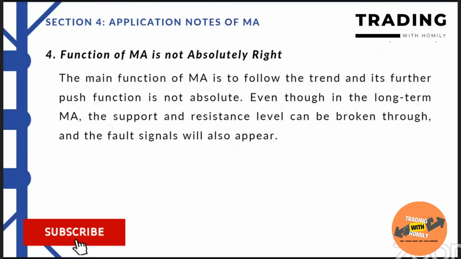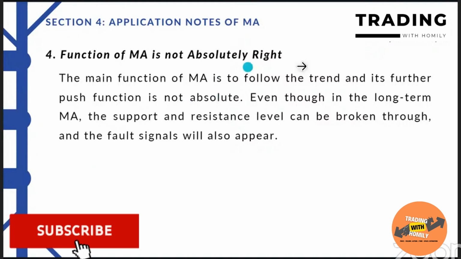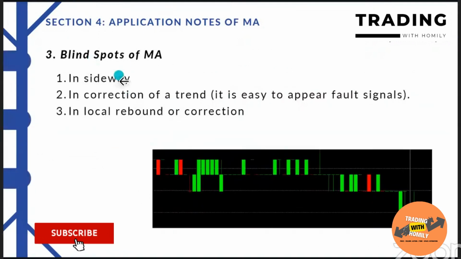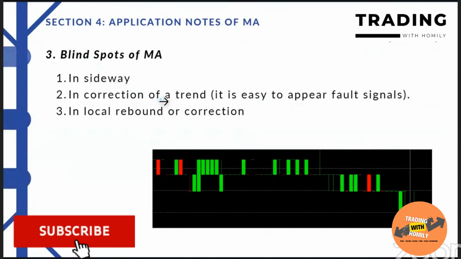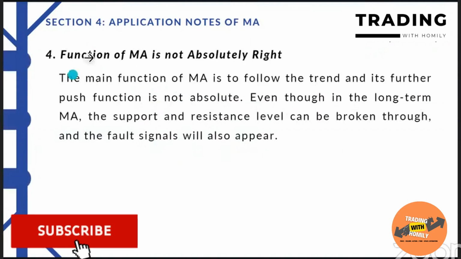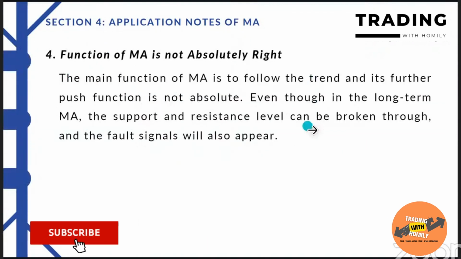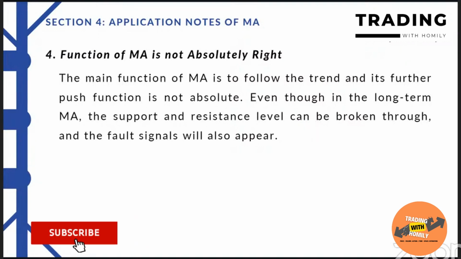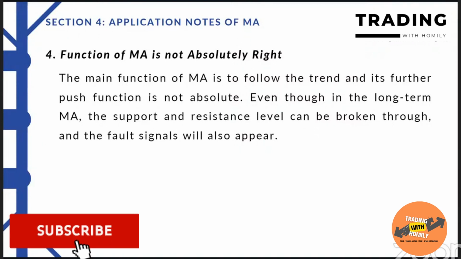Not only say that MA is absolutely right, because sometimes, like just now we mentioned, it got the blind spot, then MA maybe cannot function. So that's why you cannot learn just one indicator. You need to learn another indicator, combine together, then only you can do a more accurate analysis.